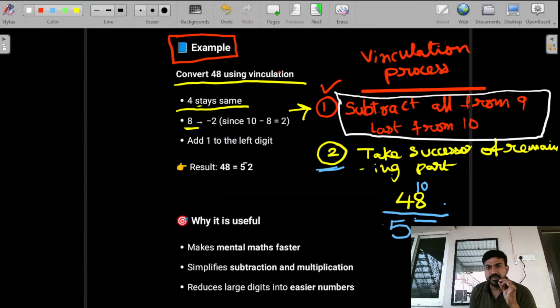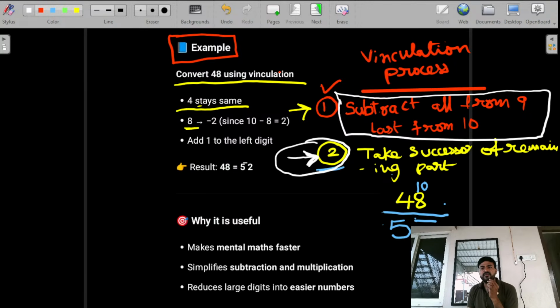Second step varies based on process. In vinculation, second step is take successor of remaining part. In vinculation process only we take successor; in the remaining two processes we take predecessor. You will know that in devinculation process.